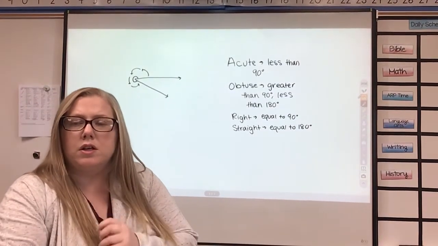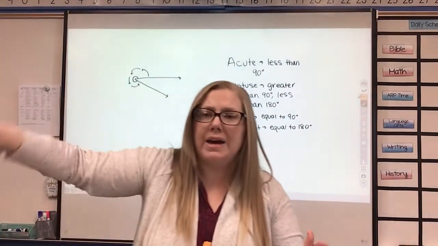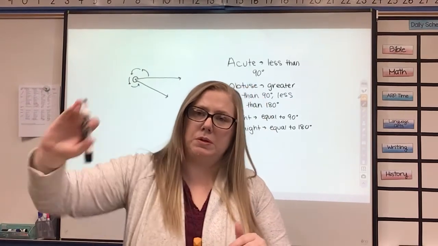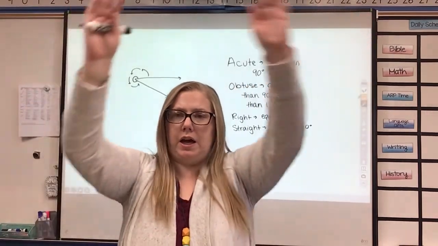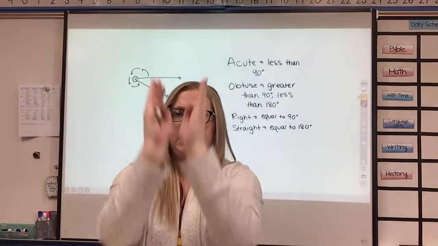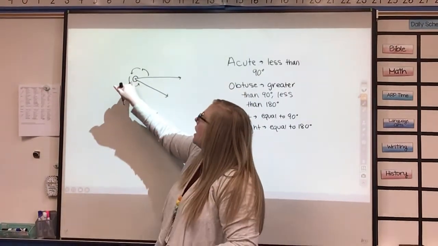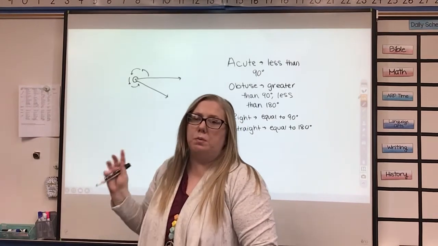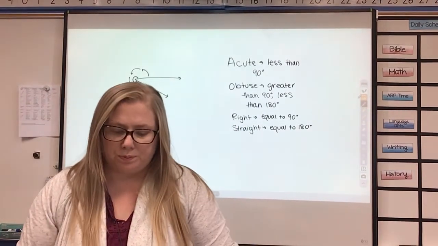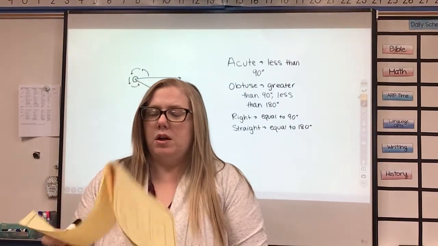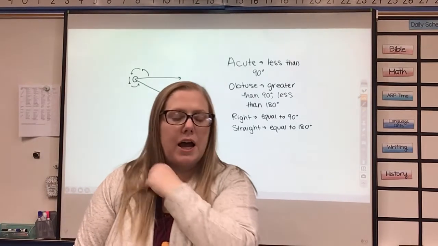So it goes past 180 and comes back, like I'm going inside of itself. That's why it has the angle sign on the outside and why I drew those arrows. So those are all the different kinds of angles.